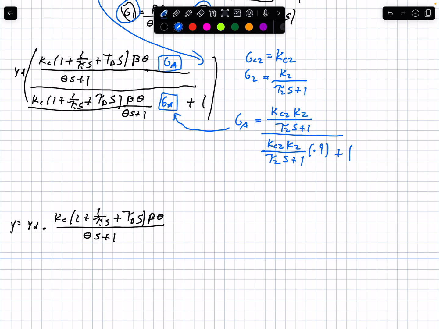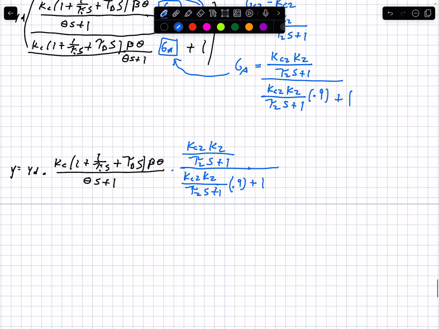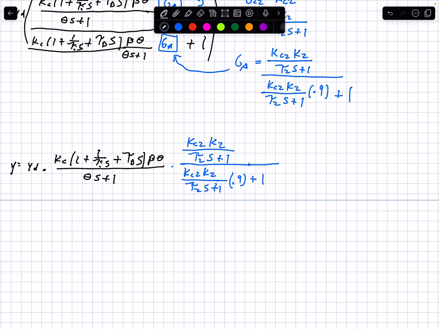And then we have to multiply by GA, which will look like KC2 K2 over tau 2 S plus 1, divided by KC2 K2 over tau 2 S plus 1 times 0.9, and then plus 1, for the GA term. And then we have to do the denominator.